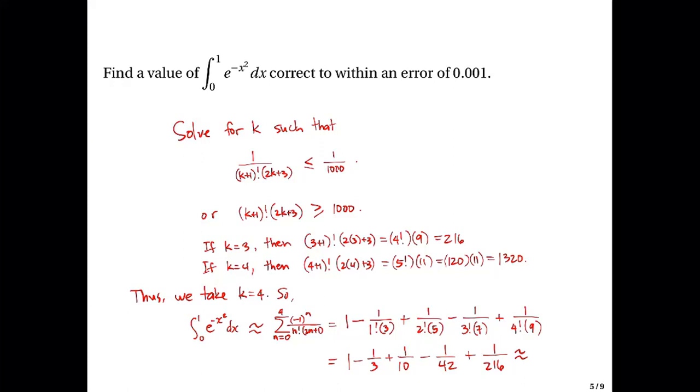So I hope we have this. The exact value that I got here is 5651 over 7560. And in decimal, let's compute this: 5651 divided by 7560. In decimal, I got 0.7475.